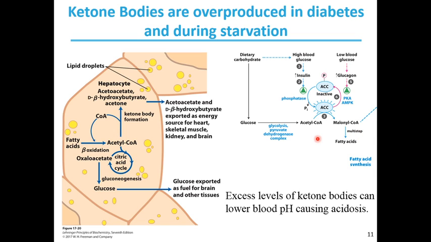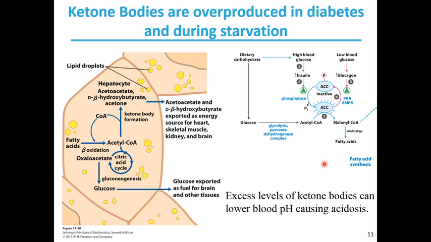But in this case, when there is insulin resistance or less insulin due to diabetes, ACC is usually phosphorylated, and hence acetyl-CoA is not converted to malonyl-CoA. So malonyl-CoA levels drop, and hence inhibition of carnitine acyltransferase 1 is relieved and fatty acids enter mitochondria to be degraded to acetyl-CoA, which cannot pass through the citric acid cycle.